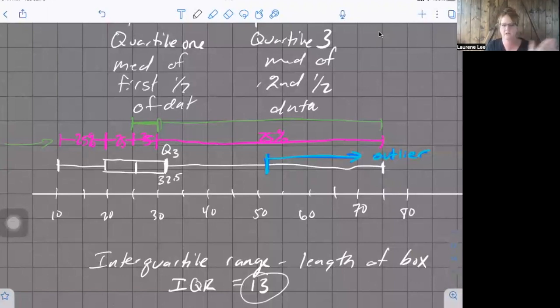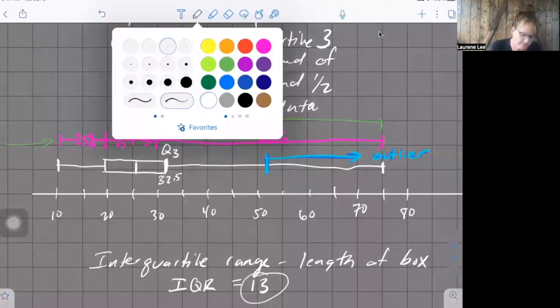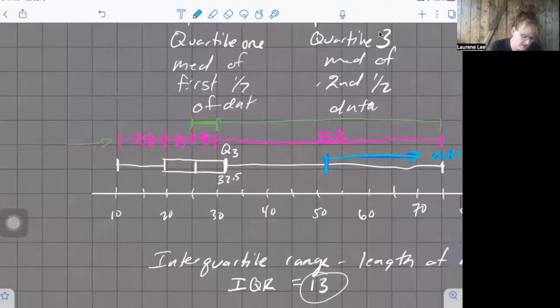This is not a symmetric distribution like we talked about yesterday. It's skewed. So this is saying the outliers on the other side would be here, below 0. Well, we don't have any data points there, so there are no outliers on the left, but there will possibly be on the right.